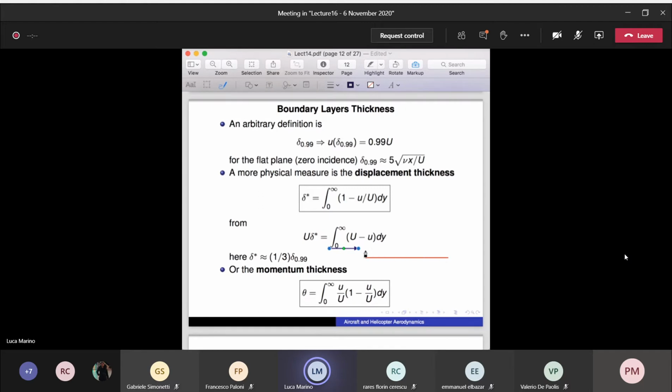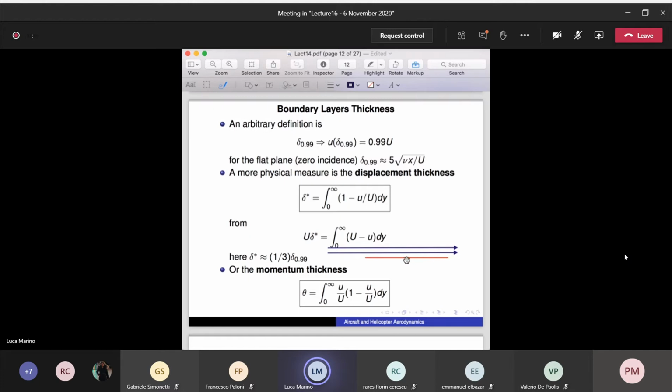The streamlines, if you neglect the boundary layer, will be just straight lines that do not feel the presence of the flat plate itself. Okay, so if I plot, for example, two different streamlines, the streamlines are all parallel between them. Okay, this is without the boundary layer effect.